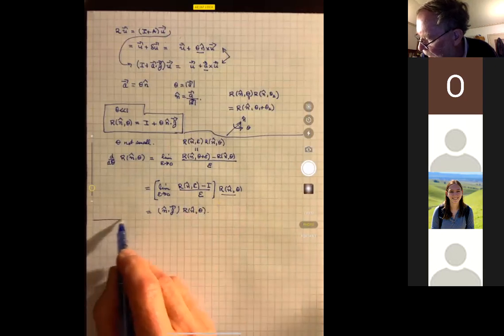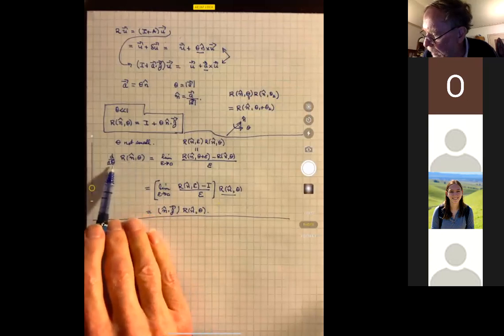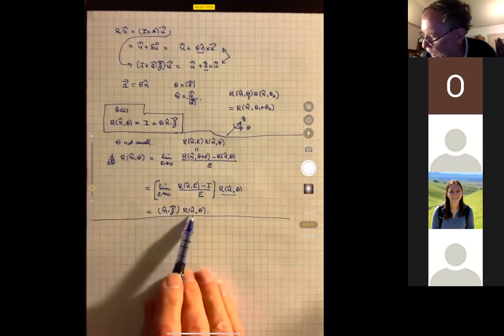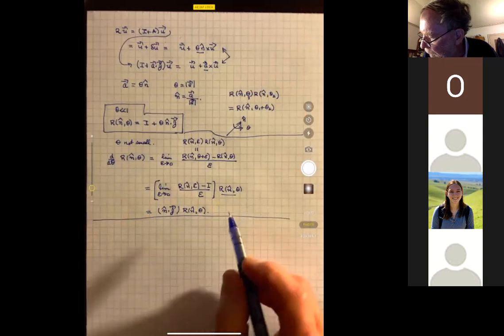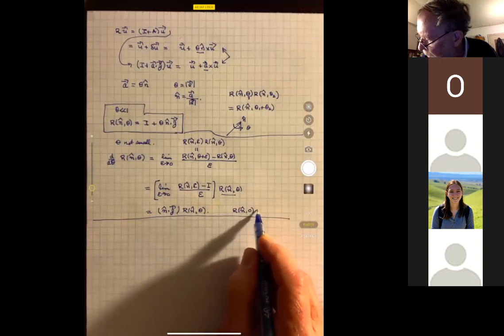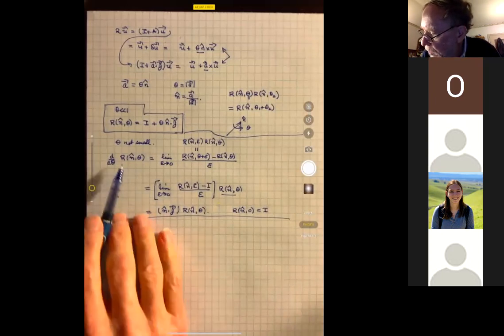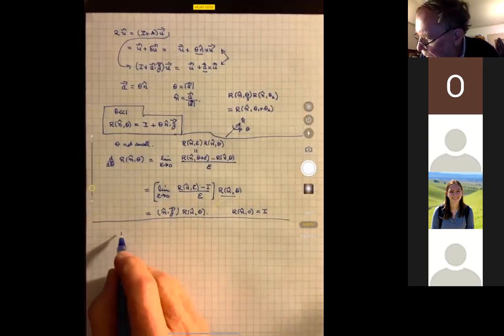And so in this way, we obtain a differential equation. The derivative of R of n hat comma theta with respect to the angle theta is n hat dot J times R of n hat comma theta. This has the initial condition that when theta is equal to 0, we have, of course, the identity matrix, because 0 angle of rotation means the identity. So this is a simple differential equation and is easy to solve.